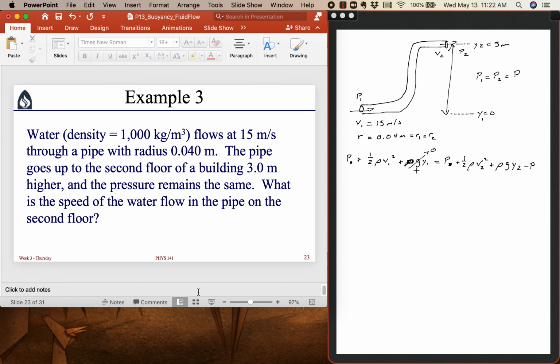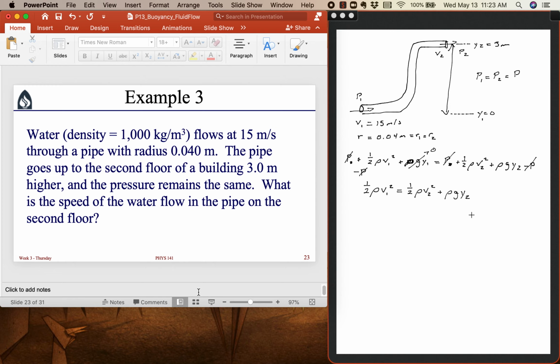If I do that, I have a P minus P, so that gets rid of the pressure over here, and a P minus P, which gets rid of the pressure over here. So then I have a simplified equation, 1/2 rho V1 squared is equal to 1/2 rho V2 squared plus rho g y2.